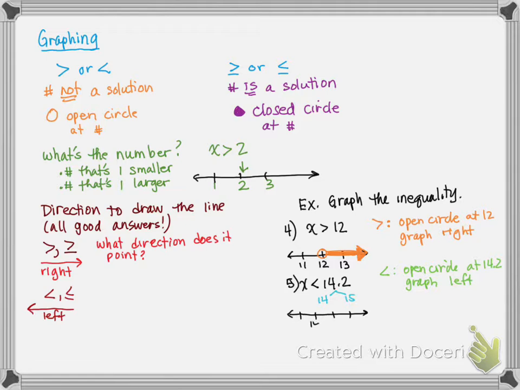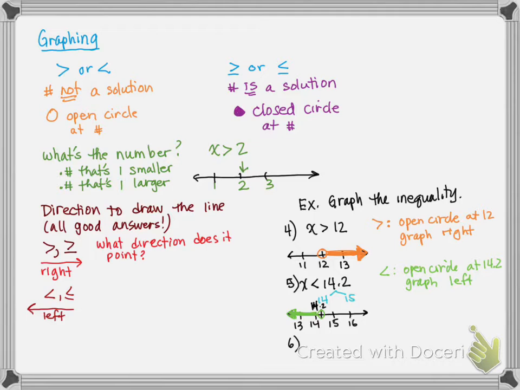So 14 and 15. In front of 14 is a 13. After 15 is a 16. Now, you're going to have to make a mark where you think 14.2 is, and then you're going to label it. I'm going to label it above 14.2. And then an open circle at 14.2 because it's not a solution. And then I color to the left, making a big, thick arrow cap. And there's my graph.